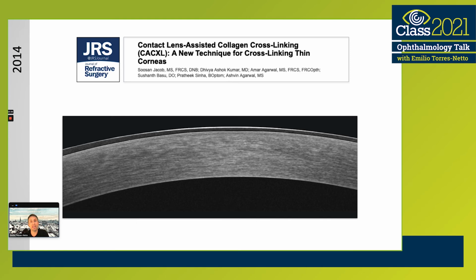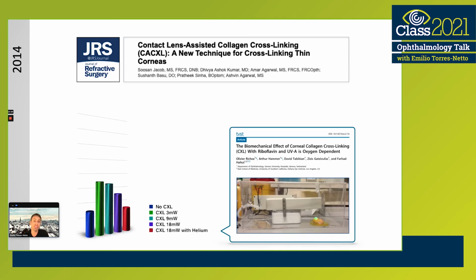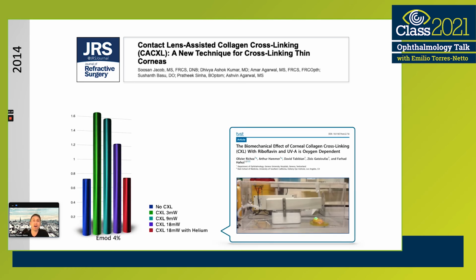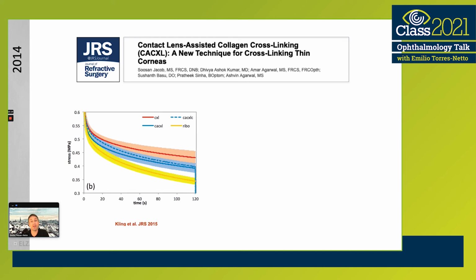And as you can imagine, as we already saw, when we put some material over the surface of the cornea, the oxygen diffusion would be limited, and therefore that's the reason why we observed a reduced stiffening effect in corneas using the protocol with contact lens assisted corneal cross-linking.